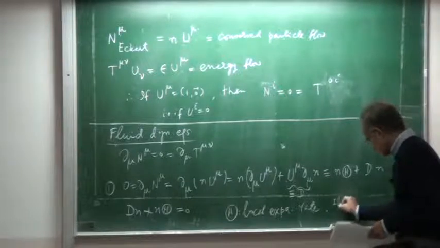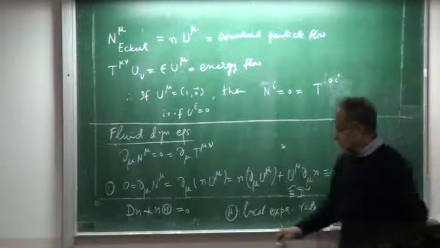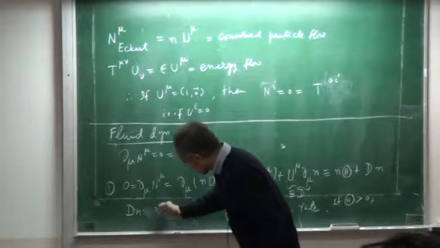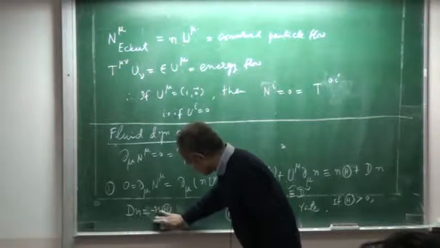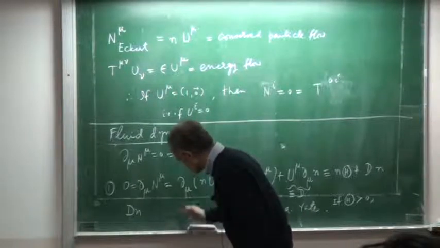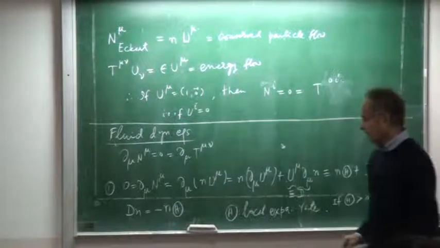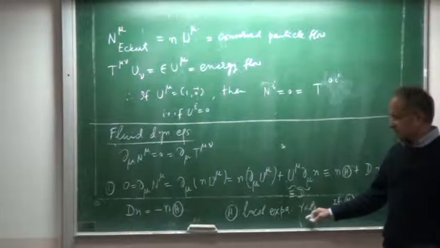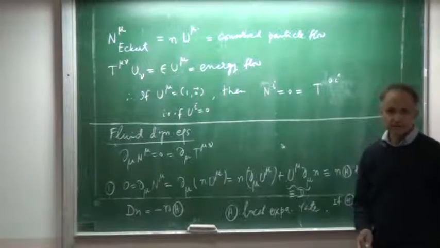So theta is positive. Suppose theta is positive, so then let me take it on the other side. If theta is positive, that means the expansion rate is positive, then the derivative of n is negative.